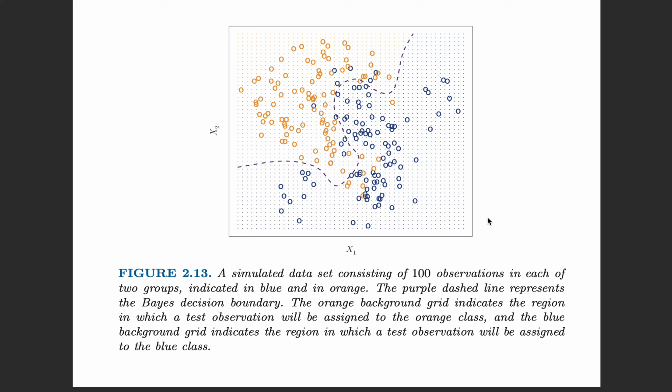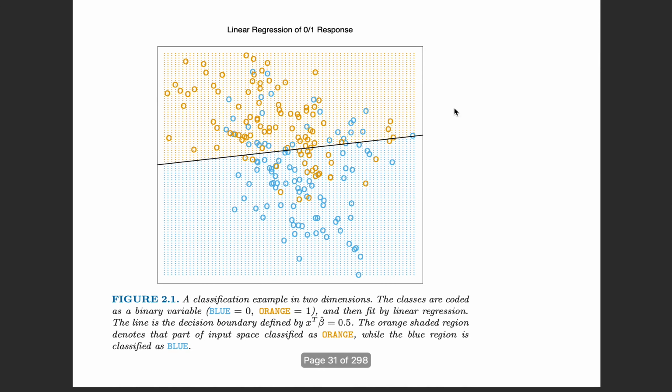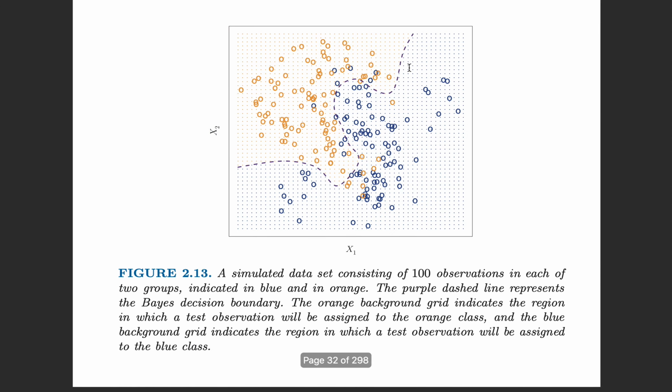Now, on the other hand, the decision boundary can be more complicated. Here it's a linear decision boundary, and here we see an example where the decision boundary cannot be captured by a simple line. This data was created according to some probabilities and a model.